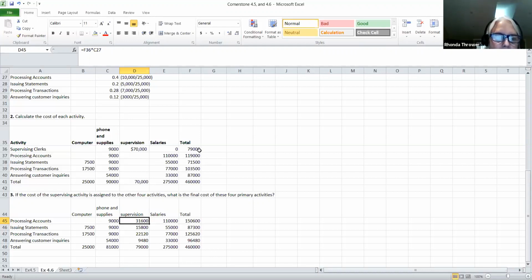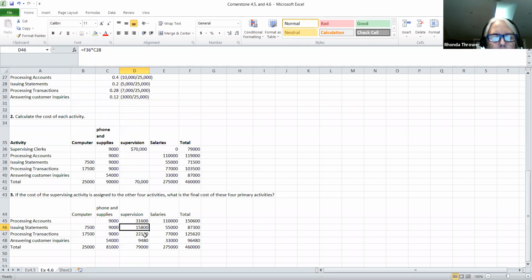So really all you're doing is dividing these supervisor salaries by the time that would be spent in each activity or on each activity. So 20% of 79,000 is going to give you 15,800.